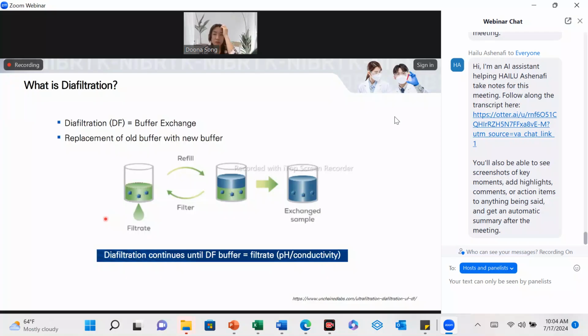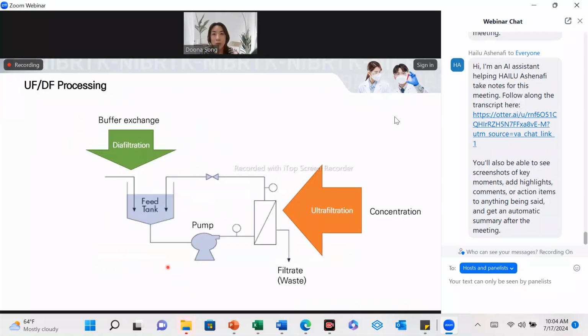And diafiltration continues until the filtrate matches the diafiltration buffer in terms of pH and conductivity. So in the filter, impurities and buffers are removed, leading to the concentration in here, and new buffer flows into the feed tank, which allows for buffer exchange.